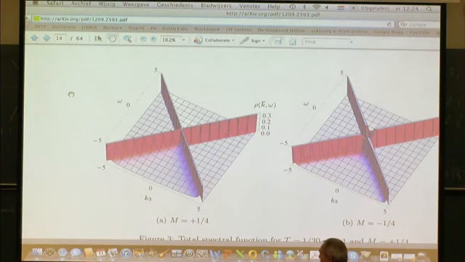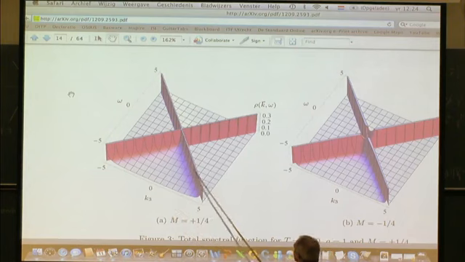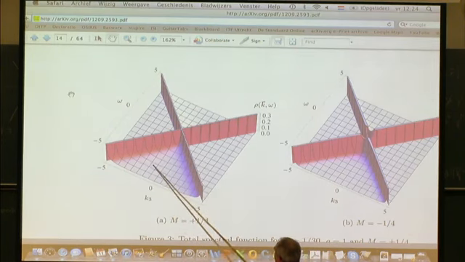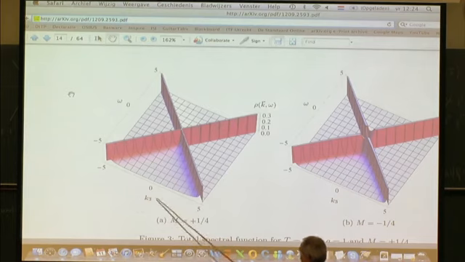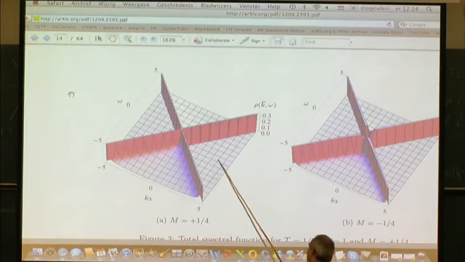What happens now because of the interaction is that the cone gets a bit smeared out, but only in the inside part of the cone. So you see here that this is not a steep delta function. It just slowly goes up, and you get a peak located at omega equals k3 in this case. On the other side of the cone, so outside of the light cone, there's no spectral weight. I think that's all standard.